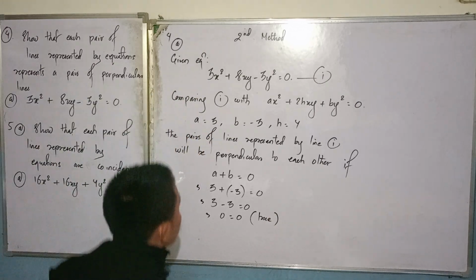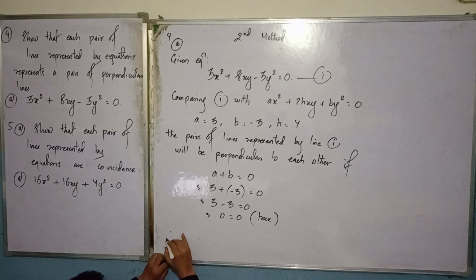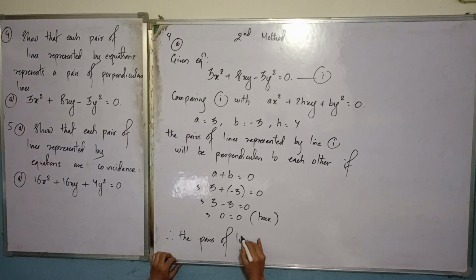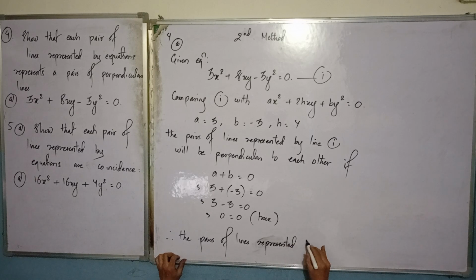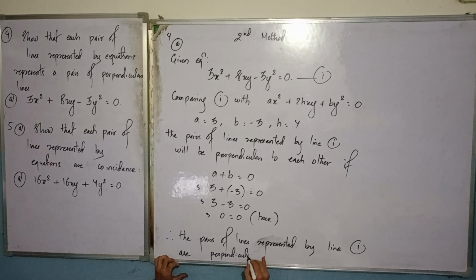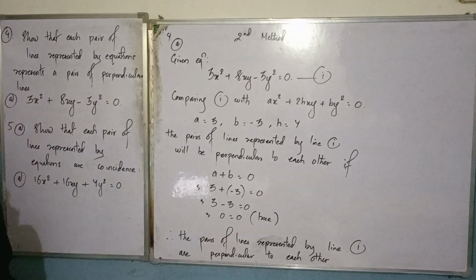Therefore the pair of lines represented by line I are perpendicular to each other, because it satisfies the condition.